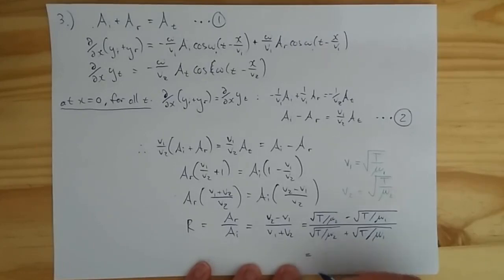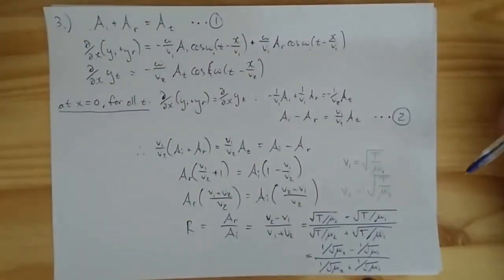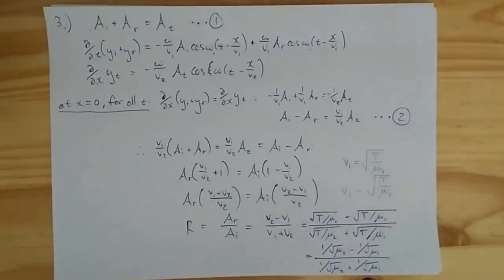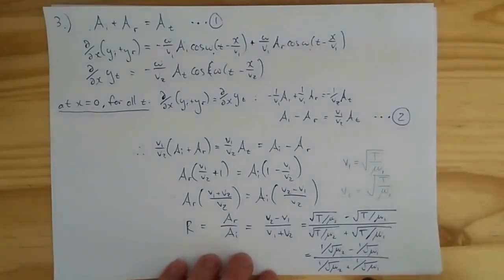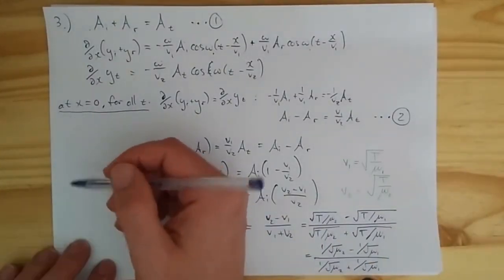So then I'm going to get, when I do that, a 1 over square root of mu2 minus 1 over square root of mu1 over 1 over the square root of mu2 plus 1 over the square root of mu1. Okay, and if we simplify this, let's continue here.